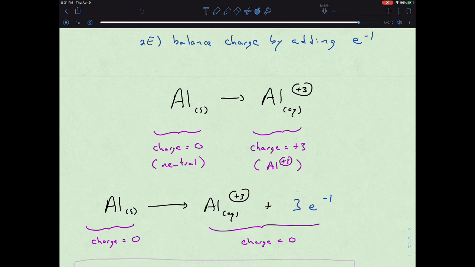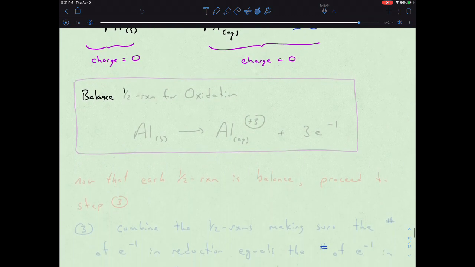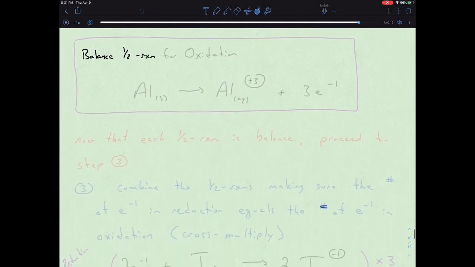And so there is our balanced half reaction for oxidation. So we're looking at our aluminum producing aluminum that is in the +3 ionic state, as well as producing 3 electrons.